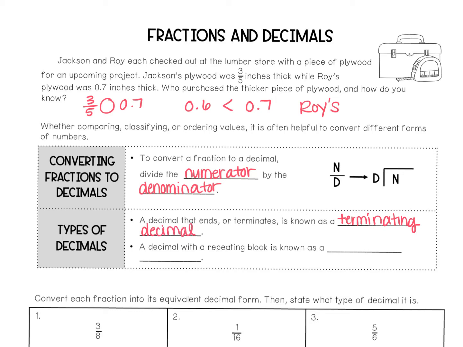A decimal with a repeating block is known as a repeating decimal. So terminating decimals stop and there's not really a pattern. Repeating decimals show the same pattern over and over and will keep going on and on forever. And we'll see examples of both of these when we look at converting our fractions to decimals.